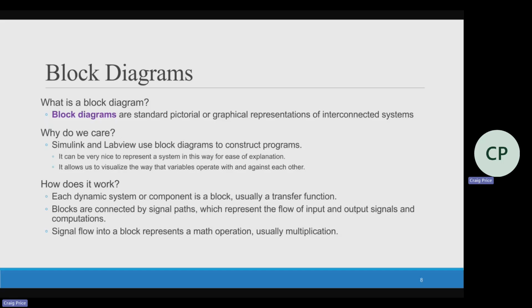So how it works is each dynamic system or component is a block, usually a transfer function. Then you connect them by signal paths, input, output signals, and usually any arrow. So we're connecting blocks with arrows. The arrow represents, if it goes into a block, that's typically multiplication. I'm taking this input, multiplying it by this block, and now I get an output.